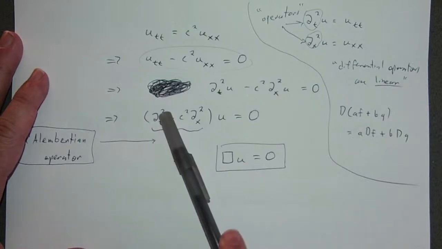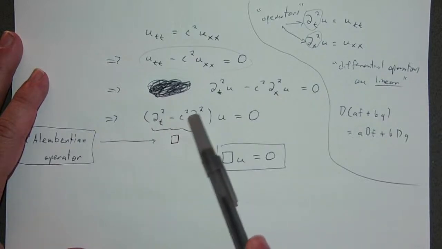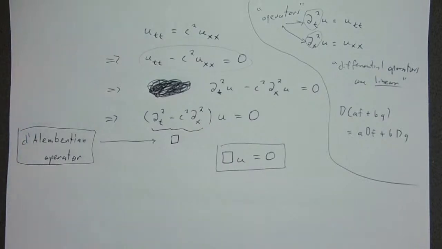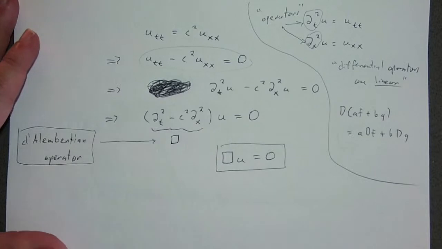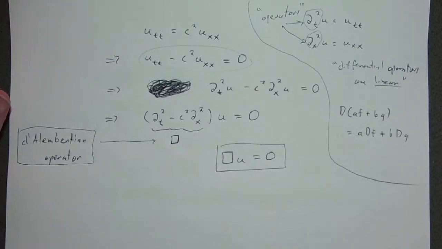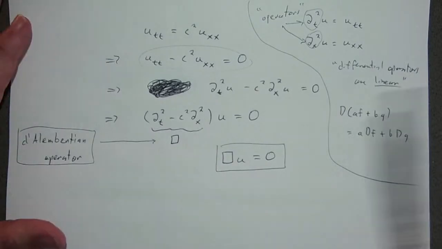I have something squared minus something else squared. Well, what is that algebraically? That's a difference of squares type object. Difference of squares is one of my favorite things to be able to factor. I can just immediately factor.